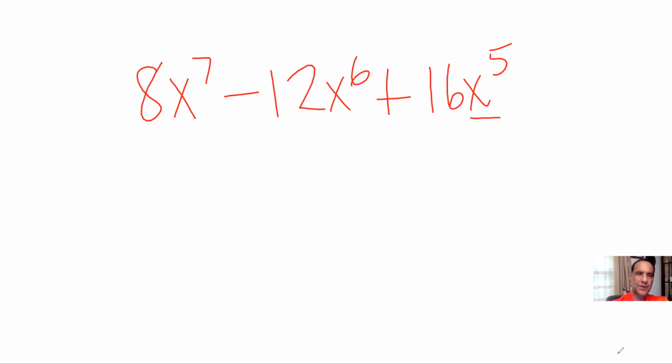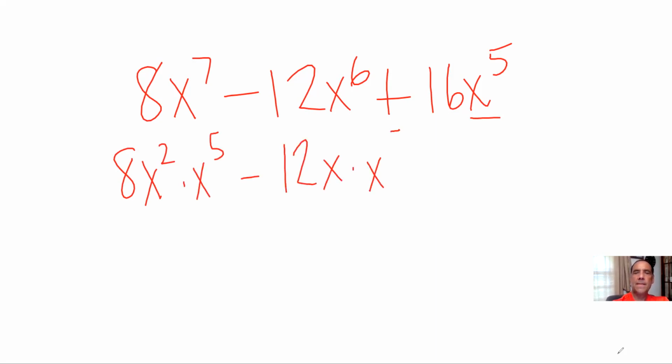And I can write all of the terms in regards to x to the 5th. Now, follow carefully what I just did. See, there are other rules in regards to adding exponents. And therefore, you'll see that x to the 7th factors into x squared times x to the 5th, and x to the 6th factors into x times x to the 5th.